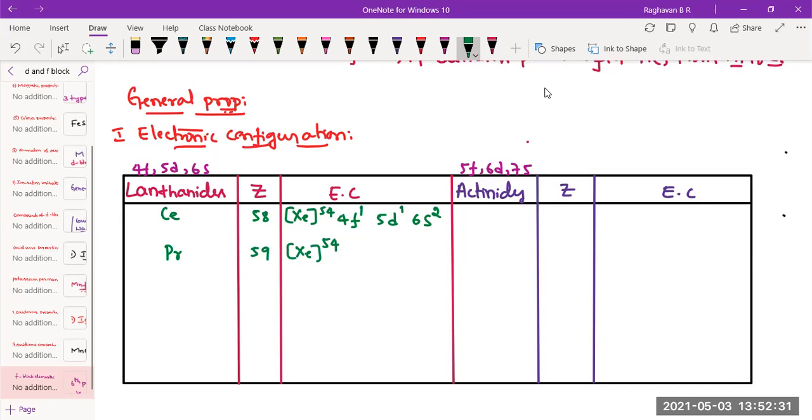The next electron, see, only cerium will have 5d. Now totally we need to add 5 more electrons, right? 6s2 would be filled. Remaining 3 electrons will all be present in 4f itself. The 5d will be 0. Just remember. So these kinds of things you need to know.